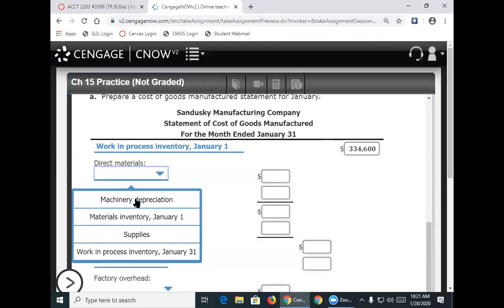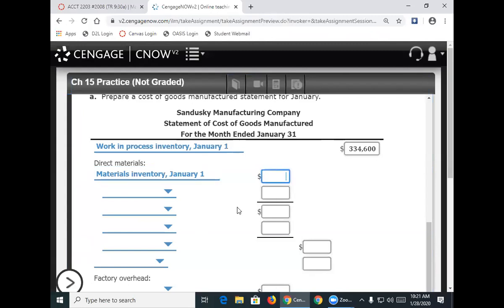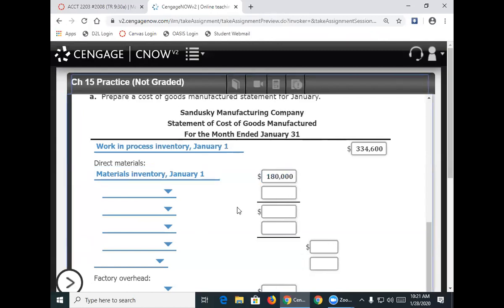We start with materials inventory at the beginning of the month, 180,000. The second step was we added in our purchases. So beginning inventory plus purchases.